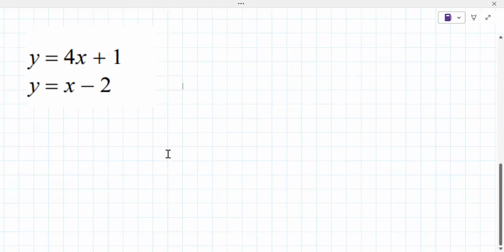Go ahead and take a look at this. So 4x plus 1 equals 1x minus 2.